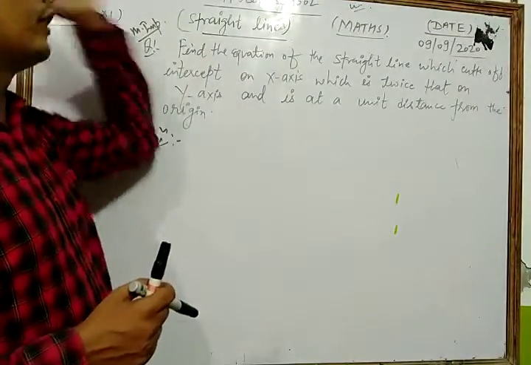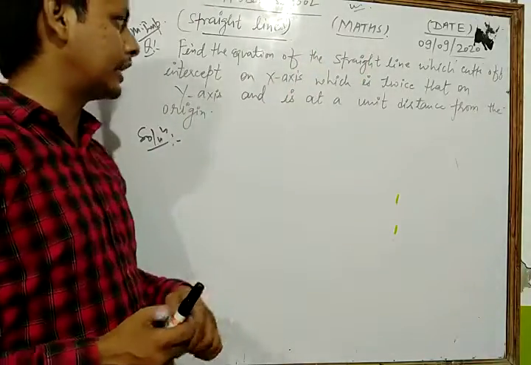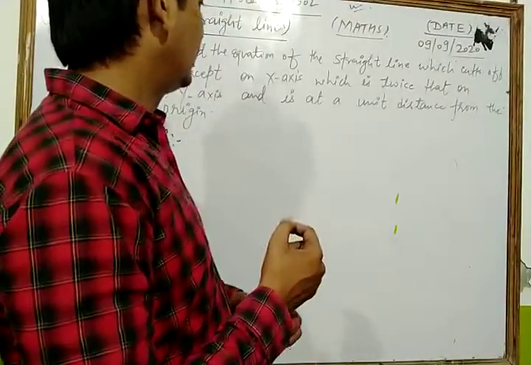Dear students, here we find the equation of the straight line which cuts off an intercept on the x-axis which is twice that on the y-axis.